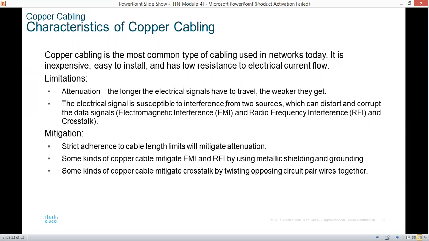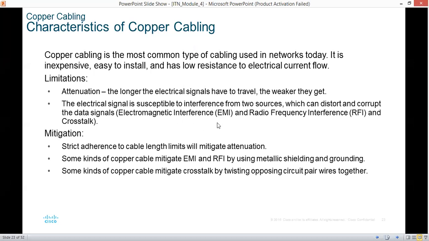Electrical signals are susceptible to interference from two sources, which can distort and corrupt the data signal: electromagnetic interference and radio frequency interference, and also crosstalk. These are interferences that affect copper cable.